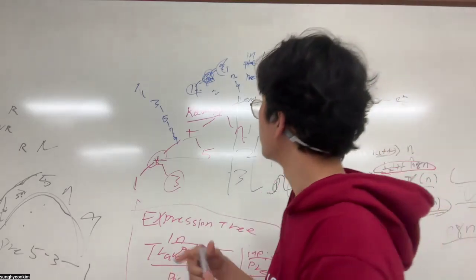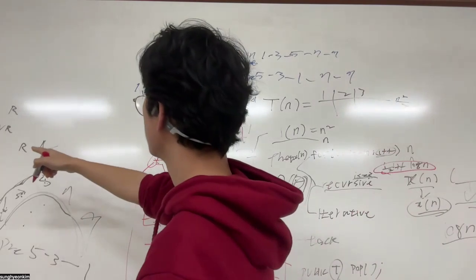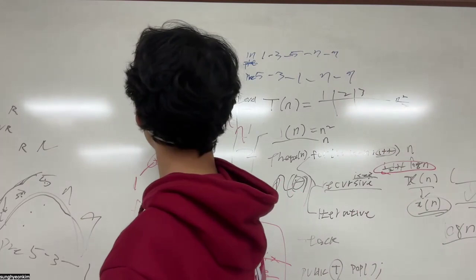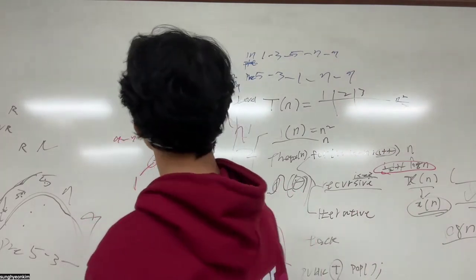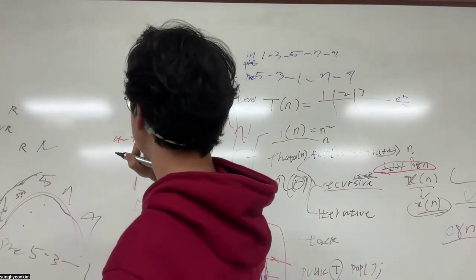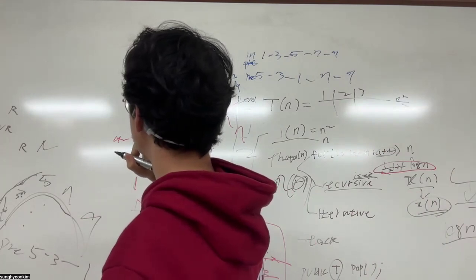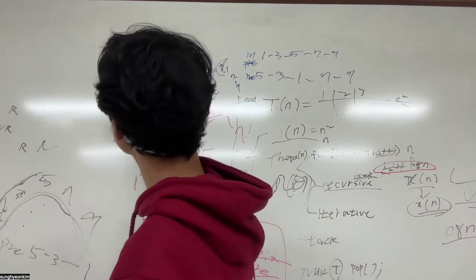And in this case, if I do it right now, post-order will be left, right, node: 9, 7, 5, 3, 1.